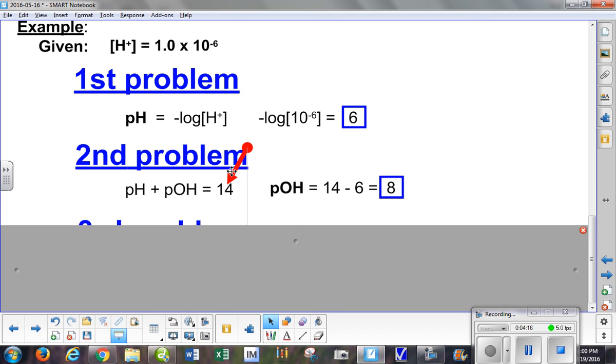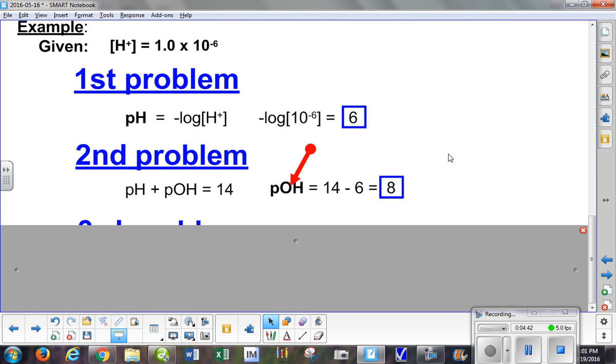So what you need to do is write this and then plug in the numbers that you have. 14 is what always goes here as the first number, and then the other number is going to be 14 or less. So in this particular case, you've got a 6, and you subtract the 6 from 14 to get your 8, and that becomes your pOH.